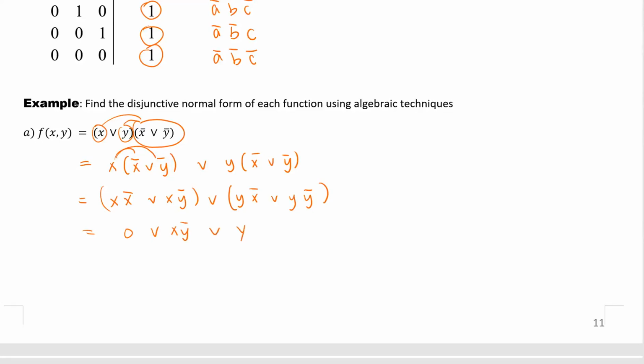And this is or y x bar, and y and y bar is also 0. Because 0 or whatever is just these things, this is our answer: x bar y bar or y x bar. So far so good. Okay, so this is the disjunctive normal form. Let's continue.